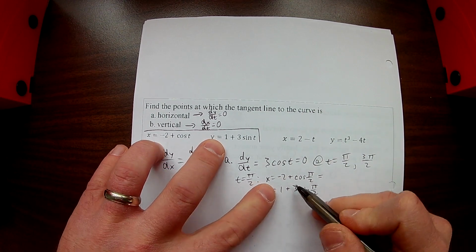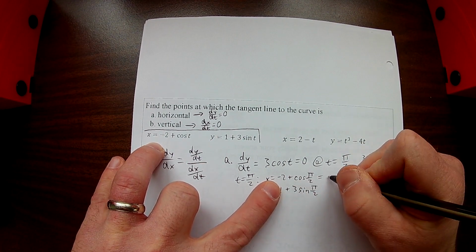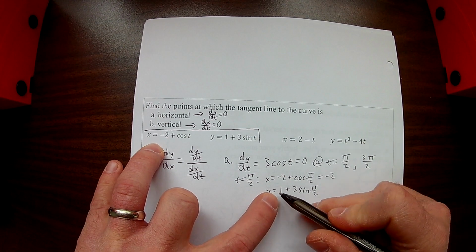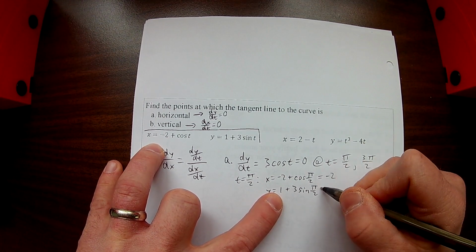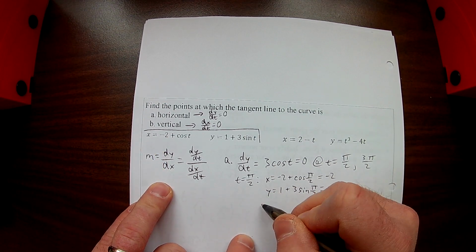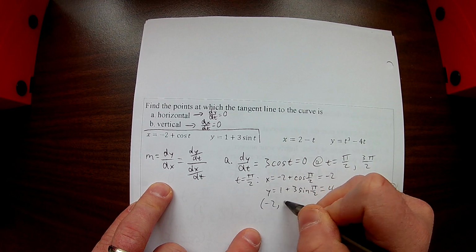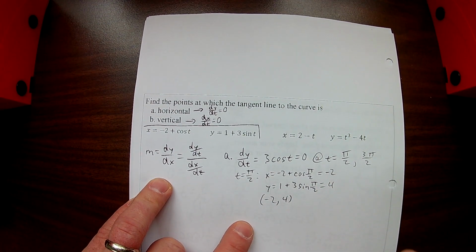And just doing some rough math here, we already figured out cosine of pi over 2 is 0. Duh. -2 plus 0 gives me -2. Sine of pi over 2 is 1, so 1 plus 3 gives me 4. So the point for my horizontal tangent is at -2, 4. And we're going to grab my calculator here in just a second and just make sure that that works out.